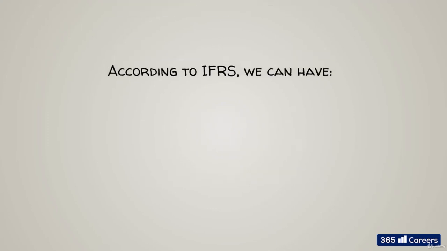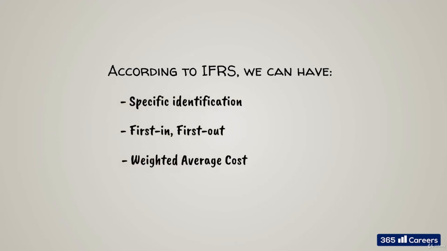According to the International Financial Reporting Standards, companies can choose between three cost flow methods: specific identification, first in, first out, weighted average cost. The main difference between IFRS and US GAAP is that US GAAP allows a fourth cost flow method: last in, first out. Okay, let's describe each of the four cost flow methods to understand them better.